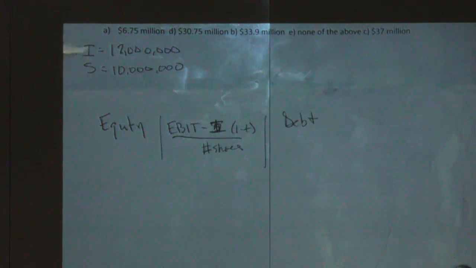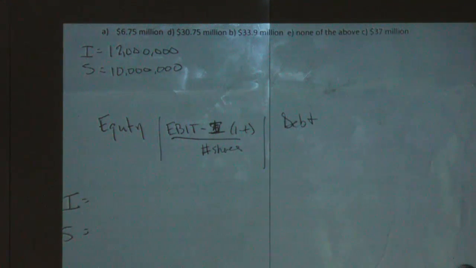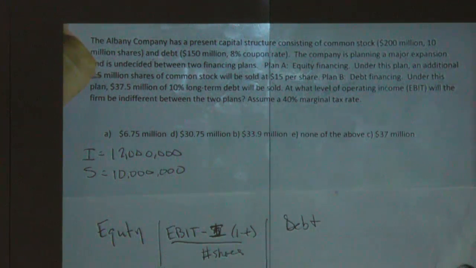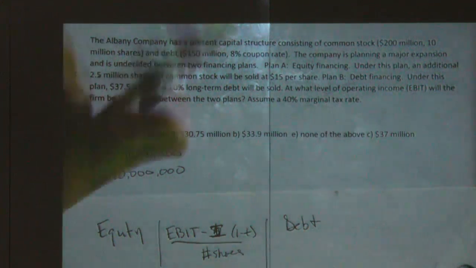We need to find out how many new shares or how much new interest we're going to be adding to our equity plan. It says here an additional 2.5 million shares will be sold at $15 per share.